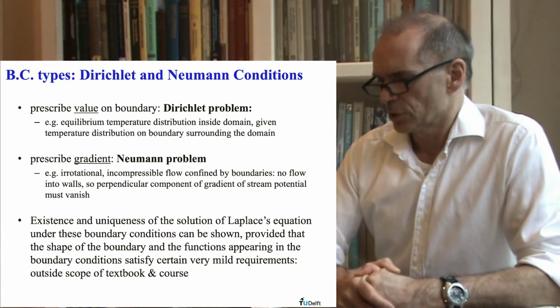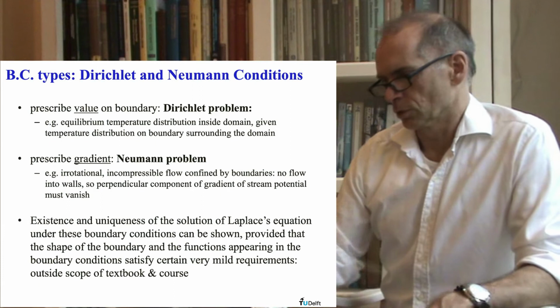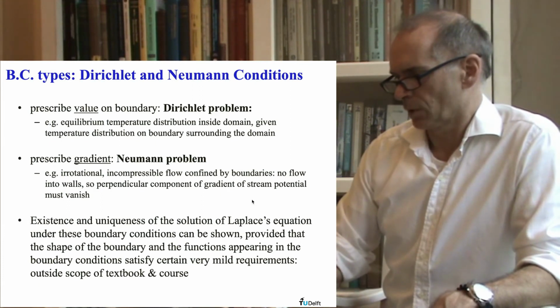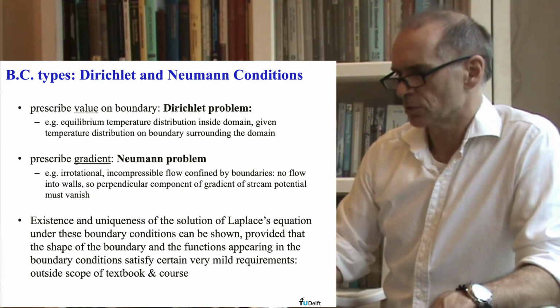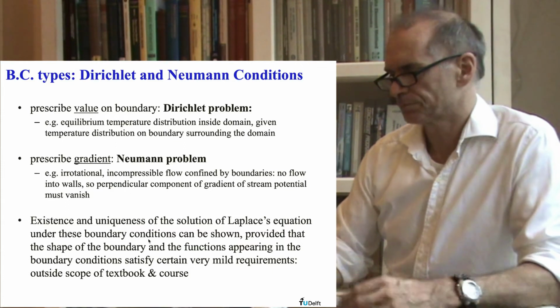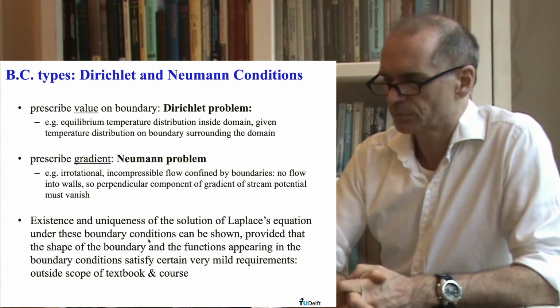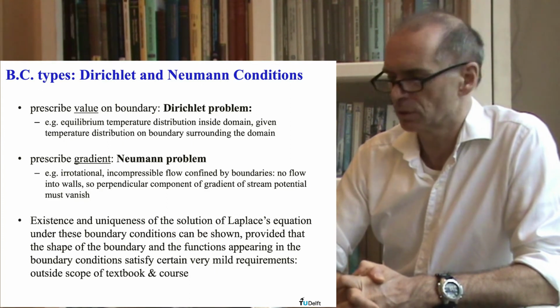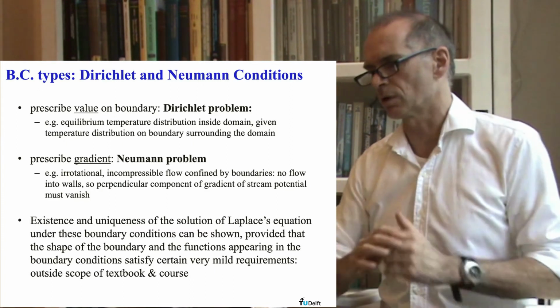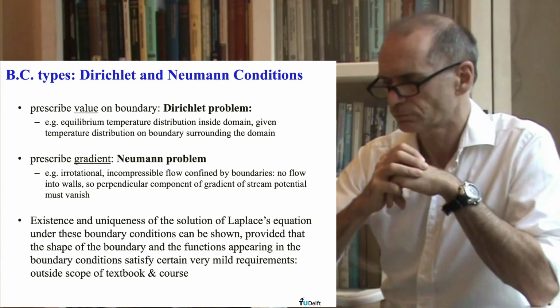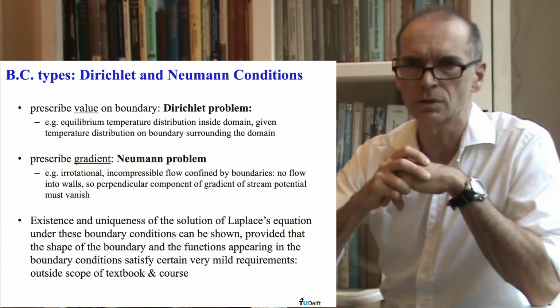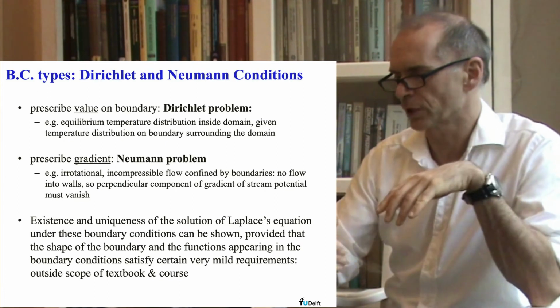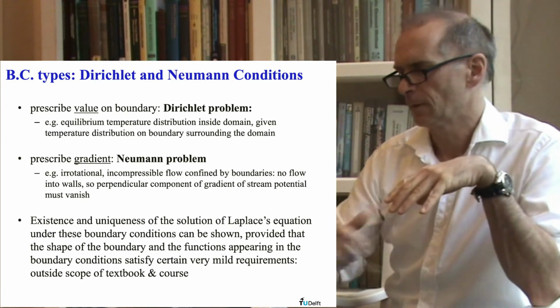Now, existence and uniqueness of the solutions for Laplace's equation under these boundary conditions can be shown, provided that the shape of the boundary and the functions that appear in it satisfy certain very mild requirements. But the details of that are actually outside the scope of the textbook and this course.